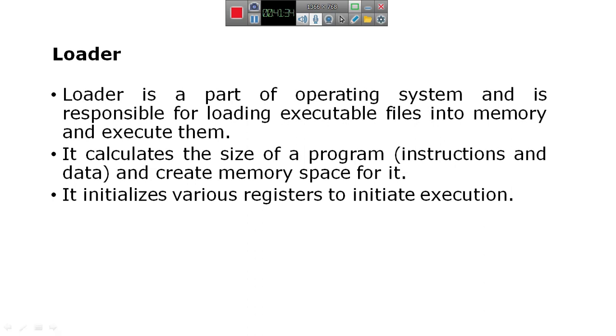It initializes various registers to initiate execution.